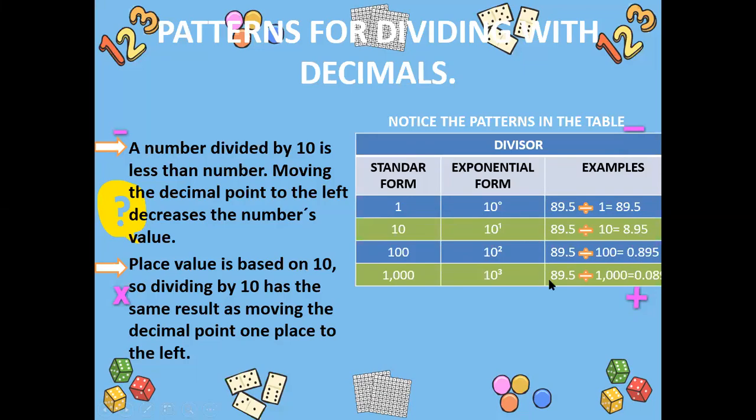Then 89.5 divided by 1000 is equal to 0.0895. Remember that 10 is equal to 10 to the 1, and 100 is equal to 10 to the 2, or 10 exponent 2.